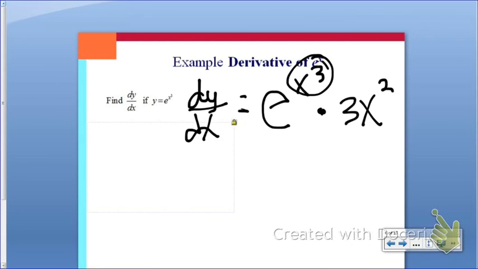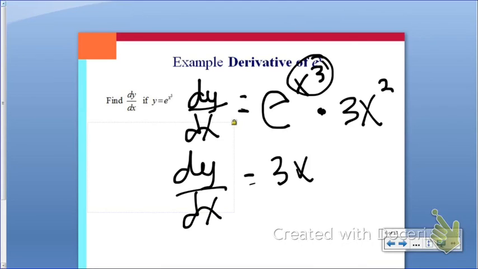We usually write the x squared first, so the derivative dy dx equals 3x squared e to the x cubed. That's our final answer.